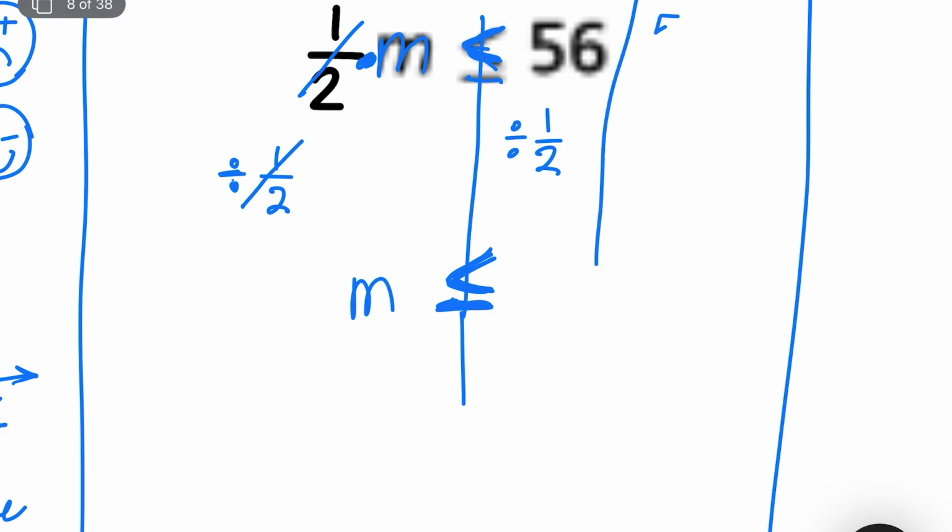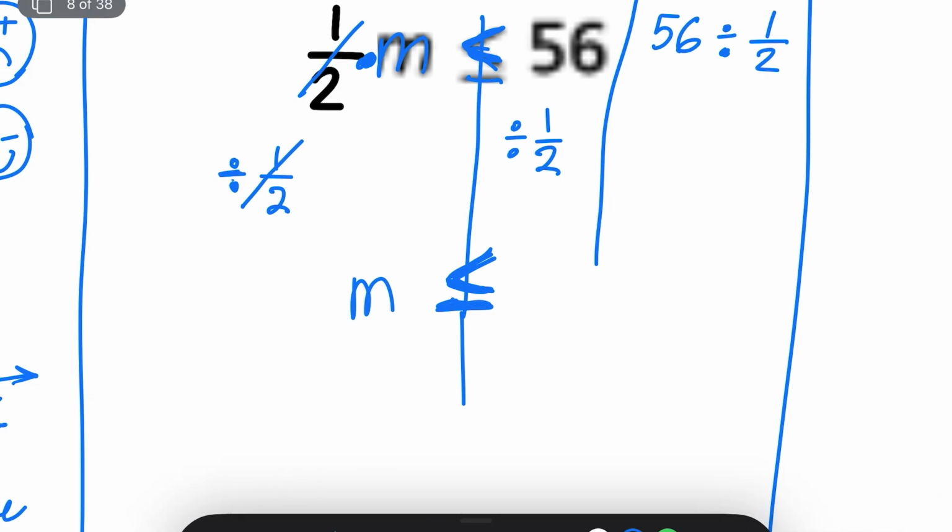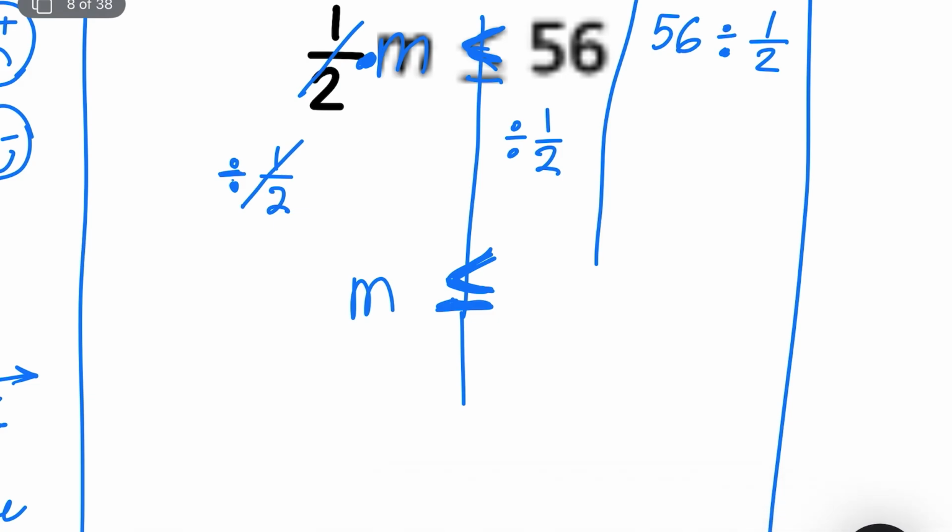Once you see a number divided by a fraction, division and a fraction, directly what comes to my mind? To solve division and fraction problems, we have to use KCF. Keep, change, flip to a reciprocal, 2 over 1. It's the same rule.